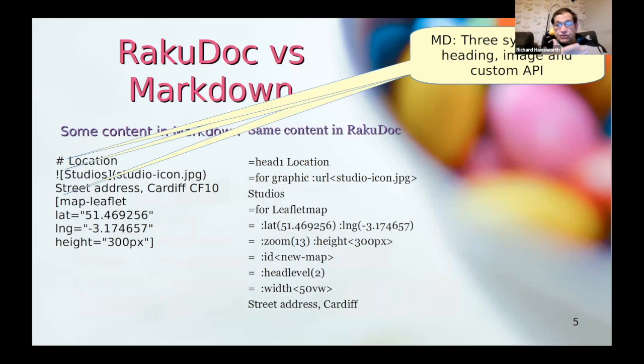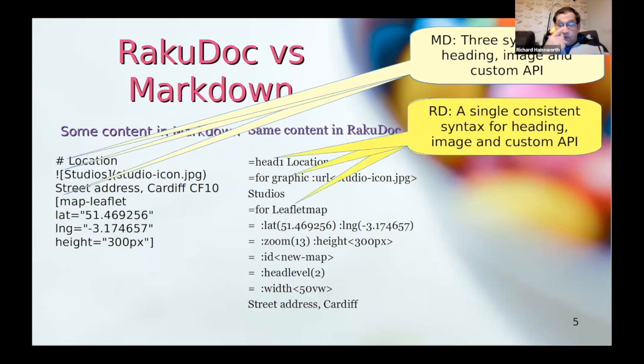One is to show a heading. One is to show that there's going to be a graphic or a link. So if this was going to be a link, then the exclamation mark would be missing.